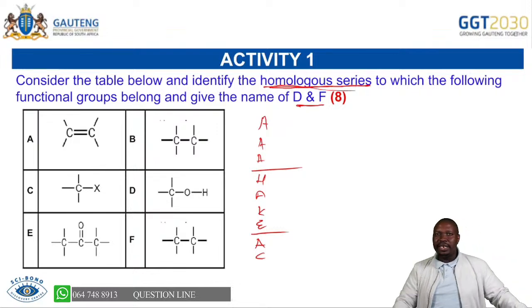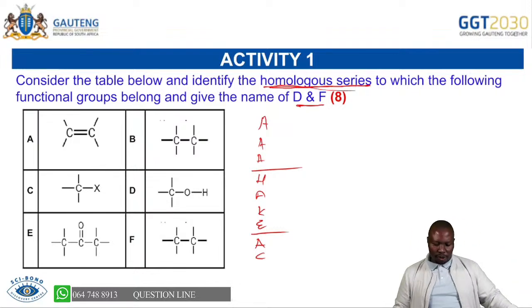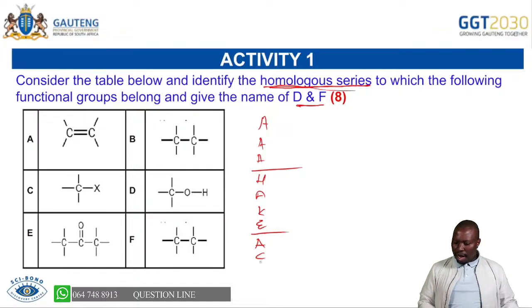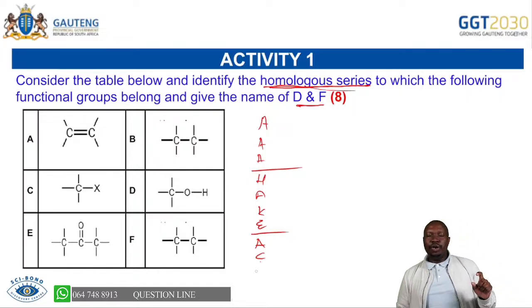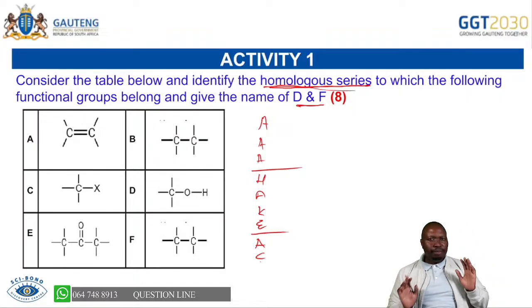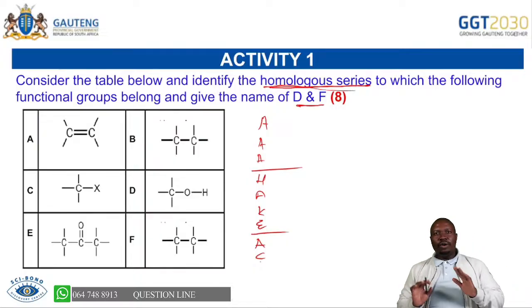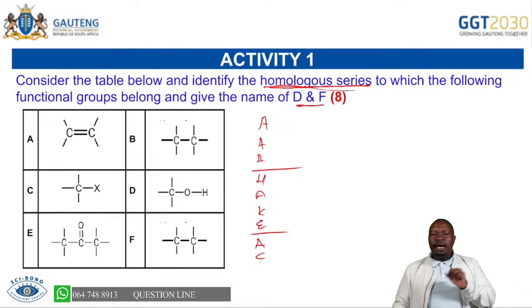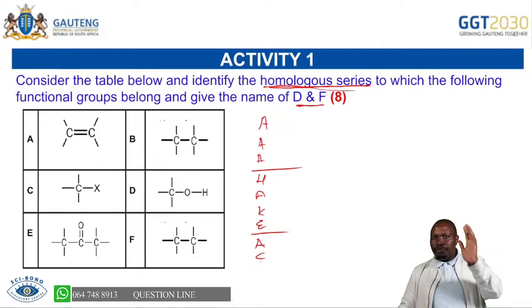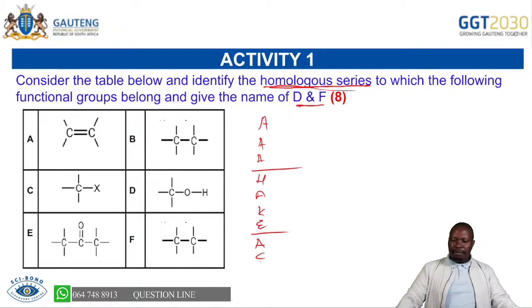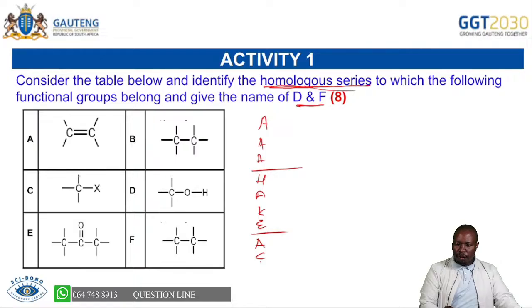Then we call that the hydroxyl group. And for carboxylic acid, we said it's C double bond O bonded to the OH. Please let it be a song that wherever you are, you are able to remember. When you see these functional groups, when you are given a structure to name, you are able to just look at it and remember which one it is. Now, without any wasting of time, double bond, this one is alkenes.